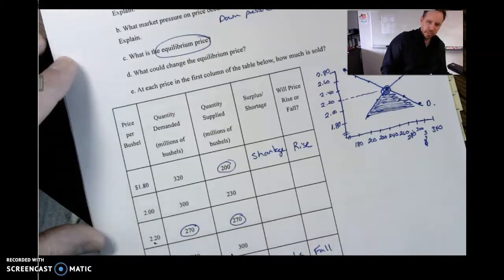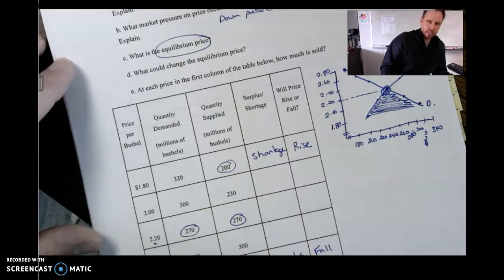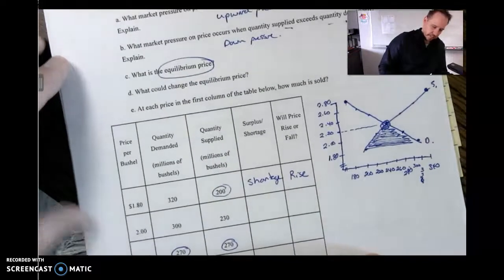Everybody willing to produce at that price level is able to sell all of their supply, and everybody who wants to purchase at that price is able to buy. We have no surplus, no shortage, and this is what all markets naturally gravitate towards over time. Hopefully that helps.